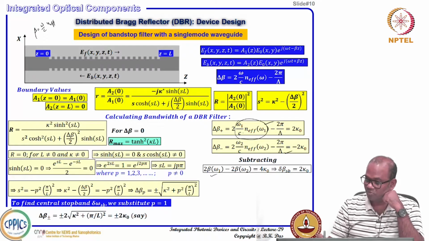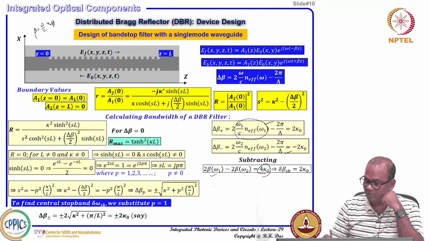So, this is beta omega 1, whatever value of beta is coming at omega 1, 2 times that, minus 2 times beta omega 2. When you subtract, the 2 pi by lambda term cancels, and then 2 kappa naught minus minus 2 kappa naught gives you 4 kappa naught.